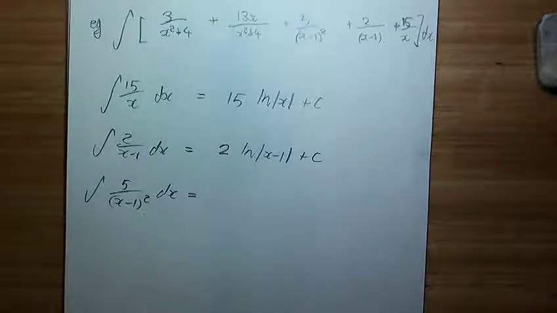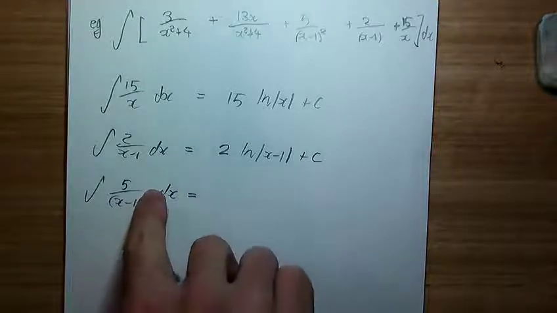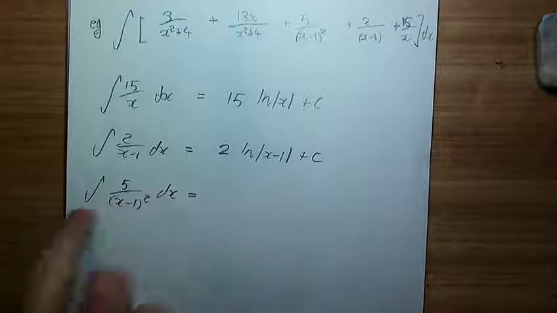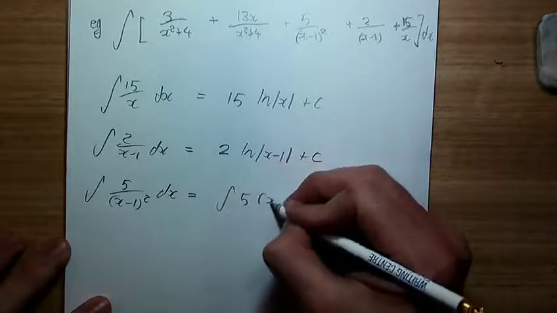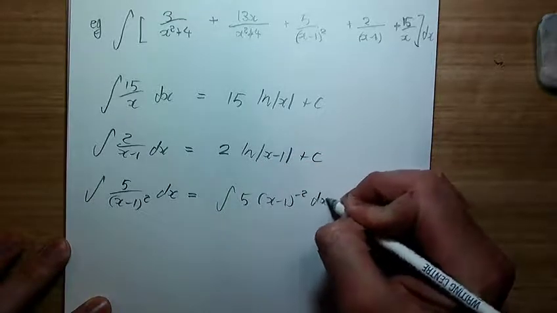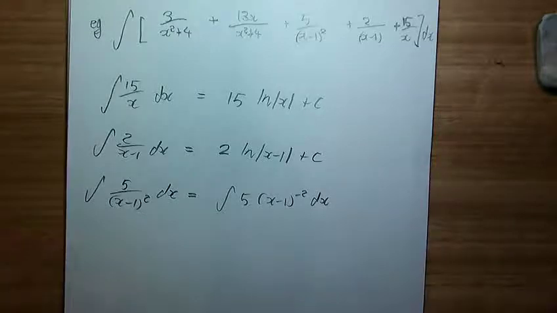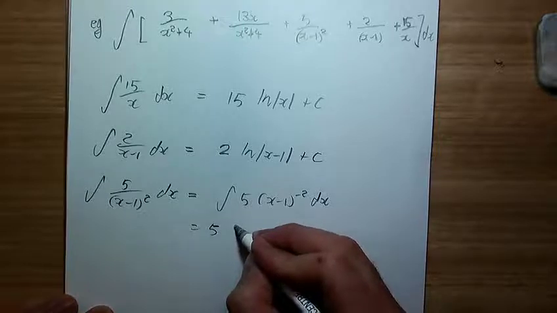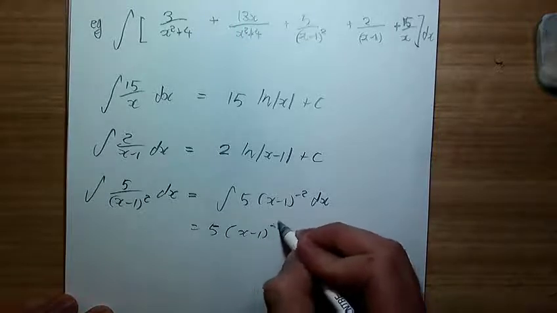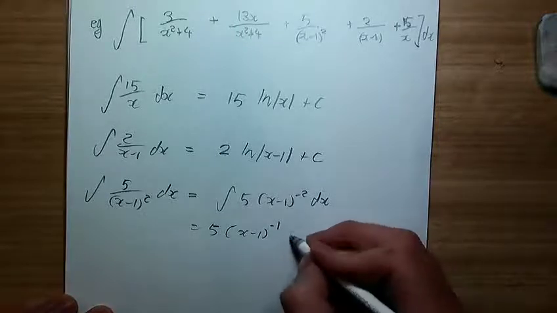This one, I can't use logs, because ln is designed for when this is a constant, then this is just x minus 1. So I'm going to have to rewrite it in a way that I can use, which is that. So the 5 will still be there, and the power will go up by 1, up to minus 1, and I'll have to divide by the new power.